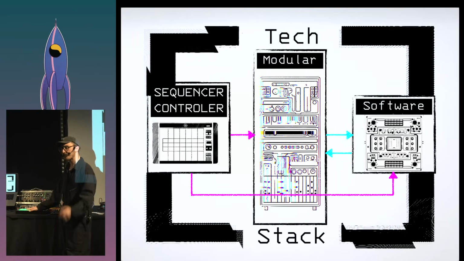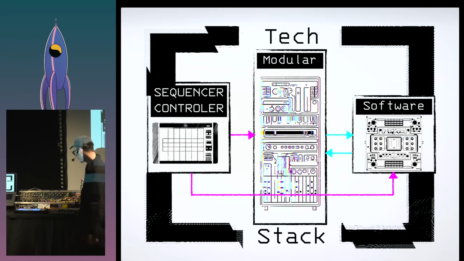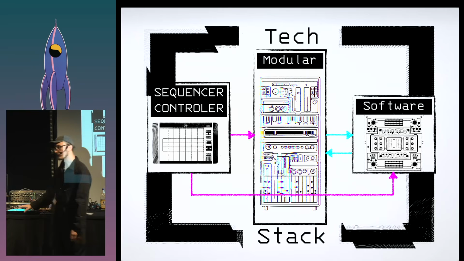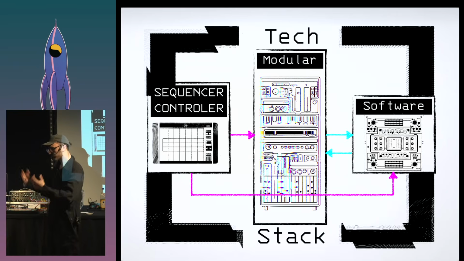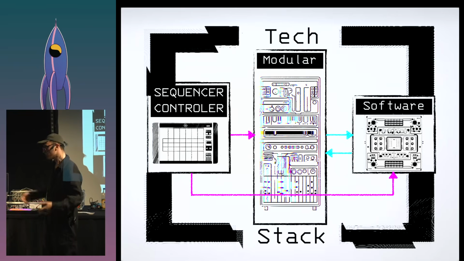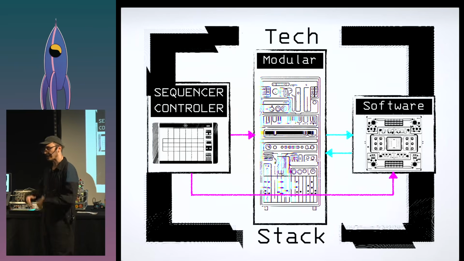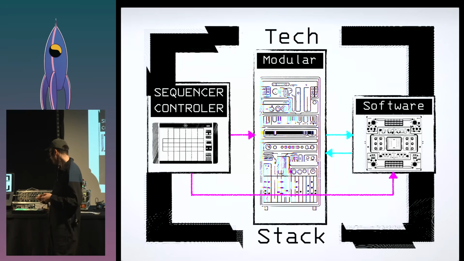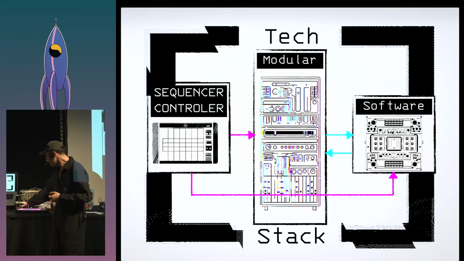My very concrete tech stack is a sequencer. That's a control unit which I can use to send notes to a synthesizer. The synthesizer also has a clock generator where I can control the tempo, and there are sequences that can be played in this piece of hardware.